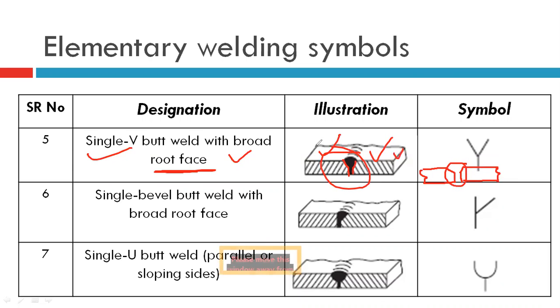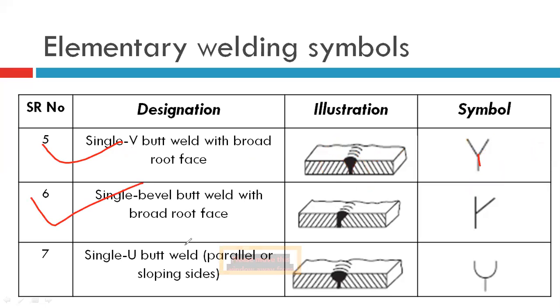Yes, two plates are joined to each other, but how does it get joined? V shape with broader root face, and the symbolic representation should be like this Y, right? This is a V shape, and whatever the broader root face we are showing here itself, that vertical line. So this is your fifth number.